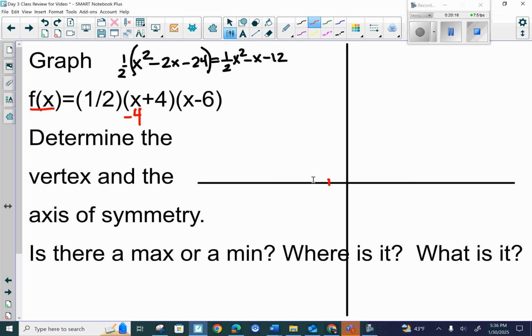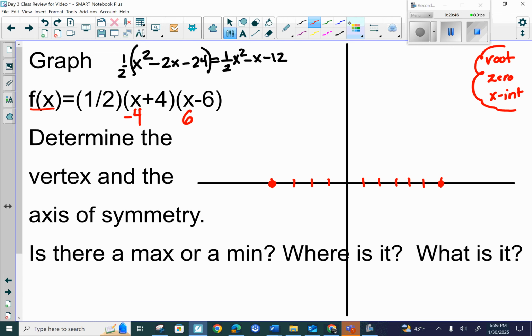So I know -4 is a root. 6, 1, 2, 3, 4, 5, 6 is also a root. I say root, 0 and x-intercept are all synonymous terms. Okay, so those two are my x-intercepts.